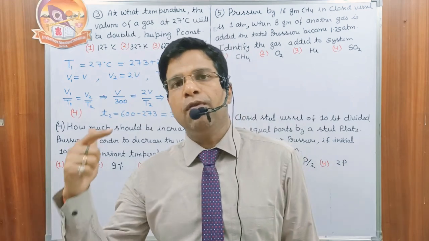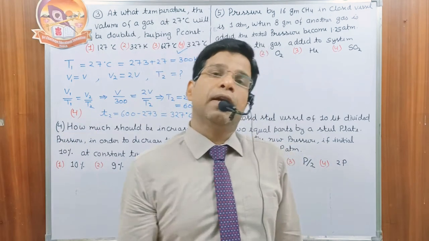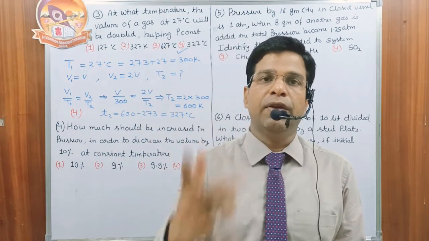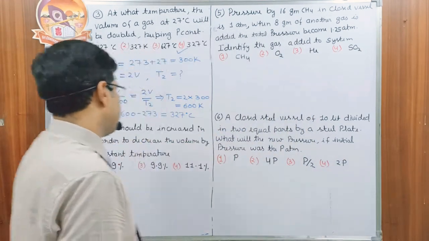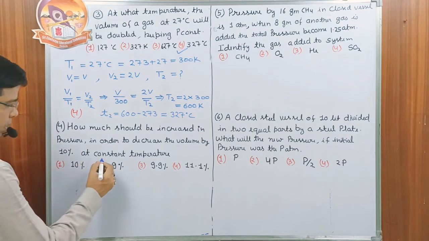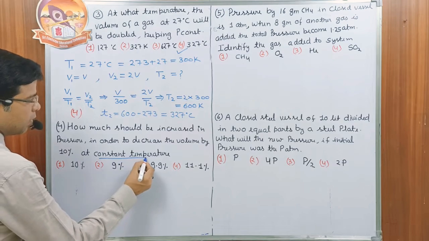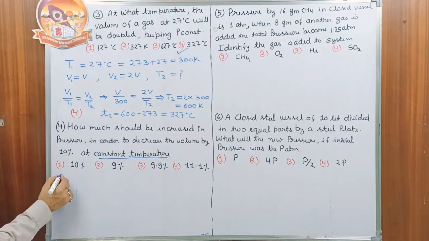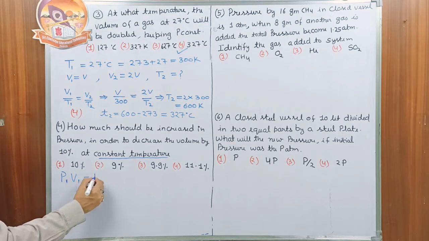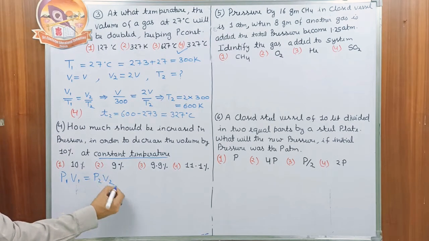If the initial volume was V, then after a 10% decrease it becomes 0.9 V, and we have to find out the final pressure. At constant temperature, this must be a question related to Boyle's law. So we have P1 V1 is equal to P2 V2.